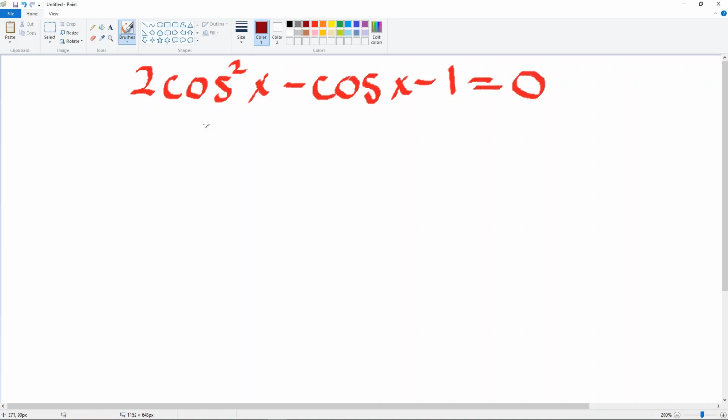I'm going to say that x is equal to cosine of x, and x squared is equal to cosine squared of x.